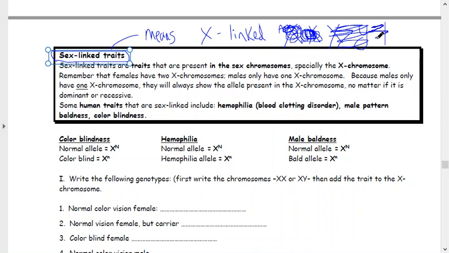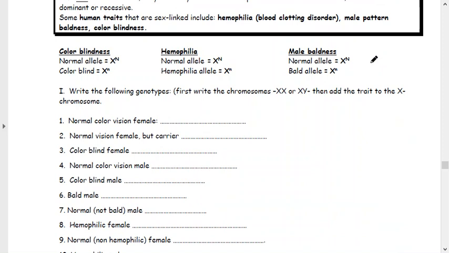So if you're female, let's just redraw this over here. If you're female, say that's an X chromosome, that's an X chromosome. If you have a trait on your X chromosome here, and you'll have a trait on your X chromosome here, so maybe this individual is heterozygous.